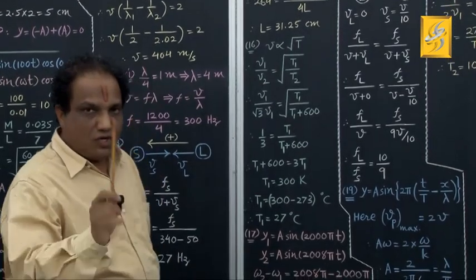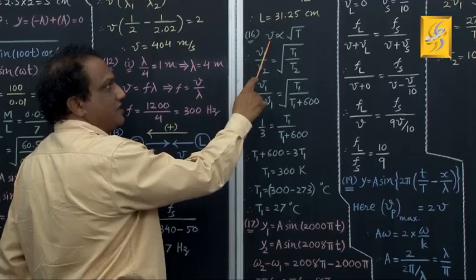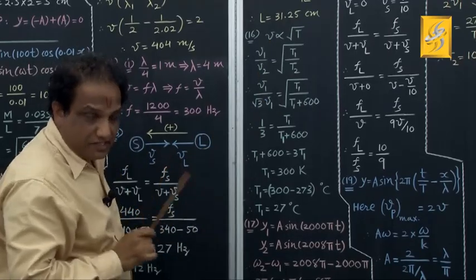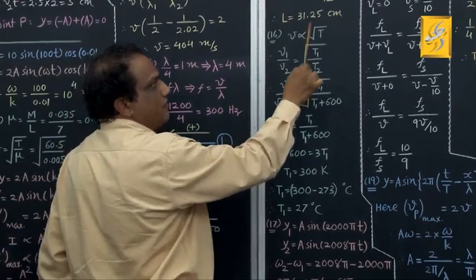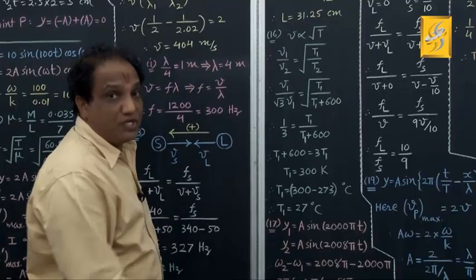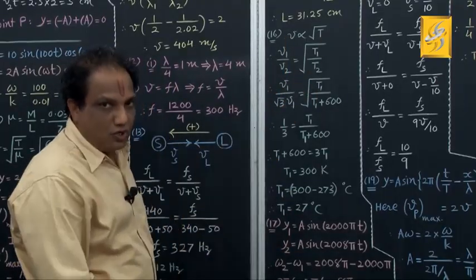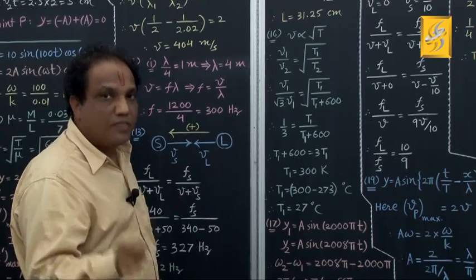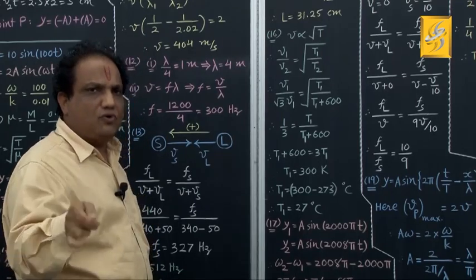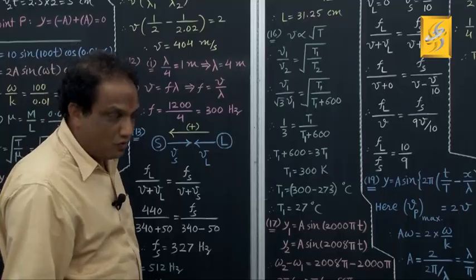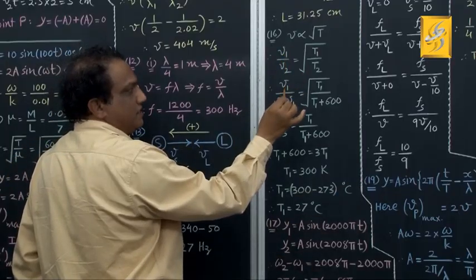Read it? Don't you know the velocity of sound in a gas or in air medium is directly proportional to the square root of its absolute temperature. And when it is a question of direct proportionality, V1 upon V2 equals under root of T1 upon T2. This velocity as it is.